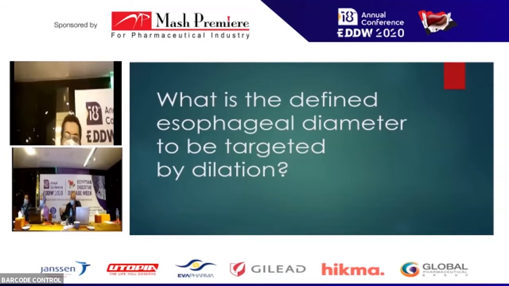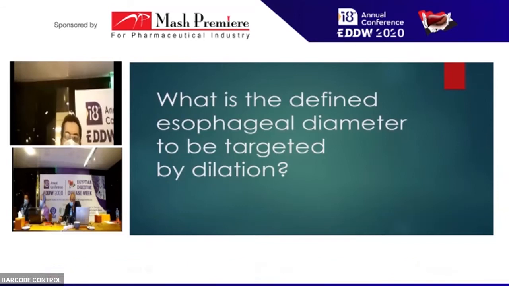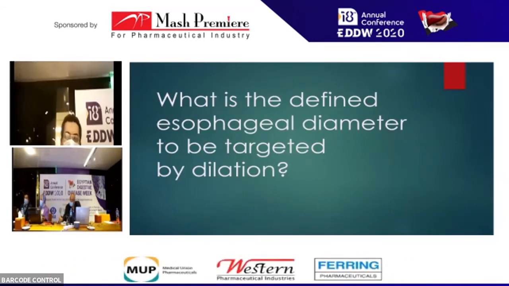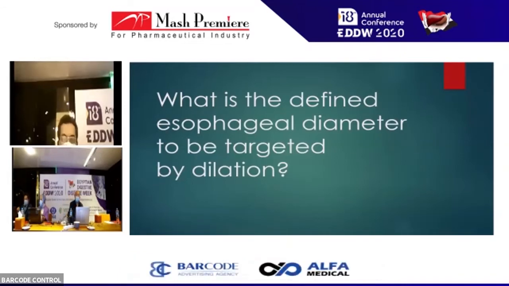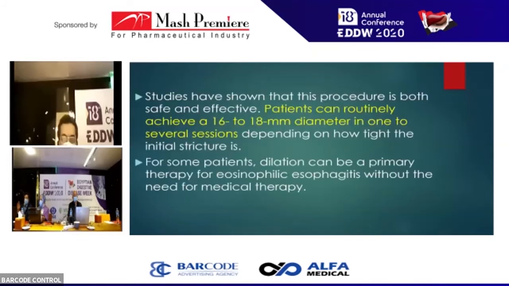So if the patient has a tight stricture around 9 millimeters, I do not need to reach 16 or 18, which is our target, in one session. In one session I will use 3 dilators to reach 12. Then the second time I reach 15. Then the third time I reach 18 millimeters. This will be done gradually.